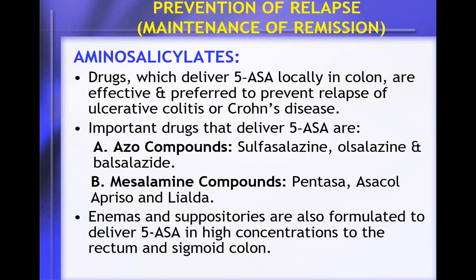Azo compounds include sulfasalazine, olsalazine, and balsalazide. And mesalamine compounds include Pentasa, Asacol, Apriso, and Lialda. The enemas and suppositories are also formulated to deliver 5-aminosalicylic acid in high concentrations to the rectum and sigmoid colon.